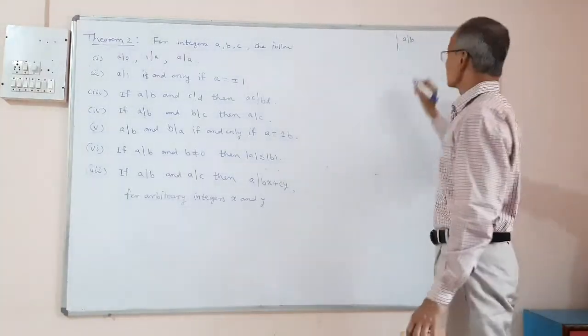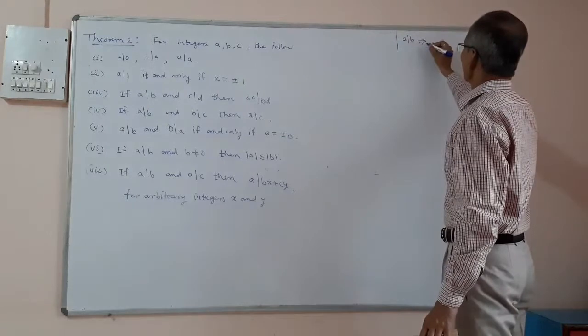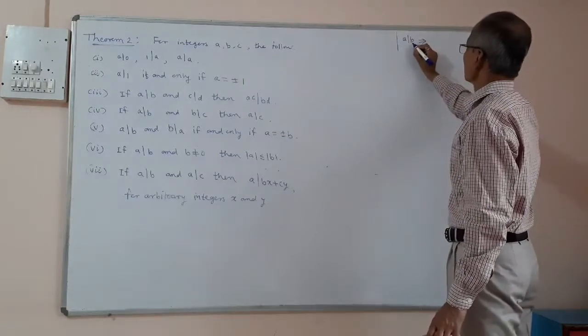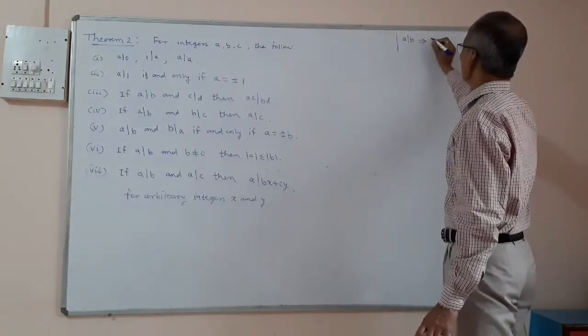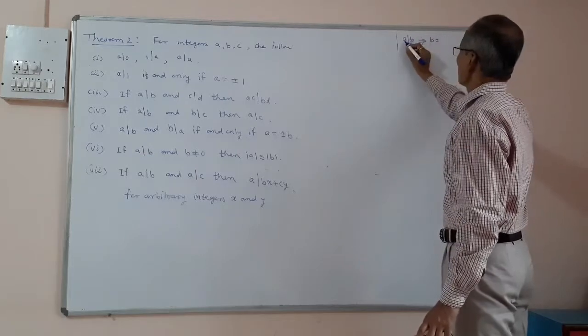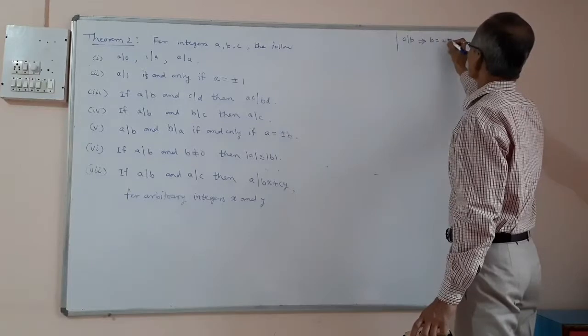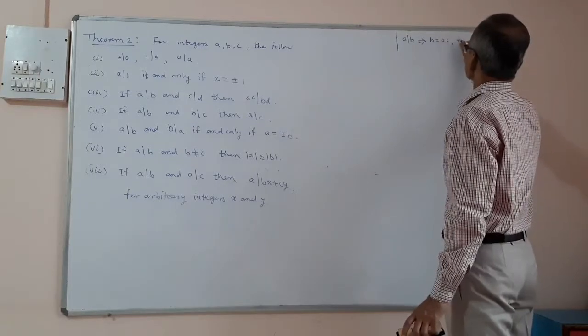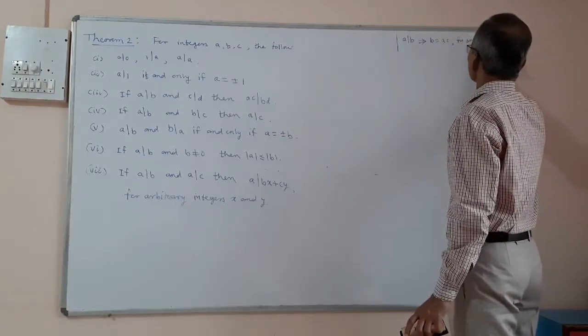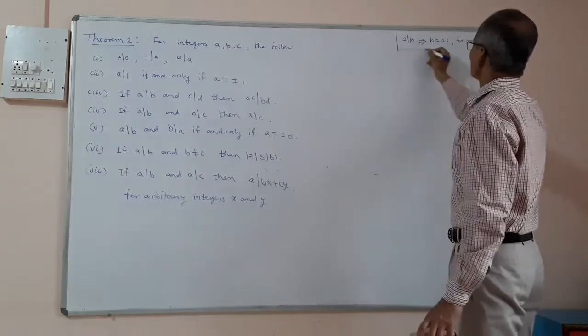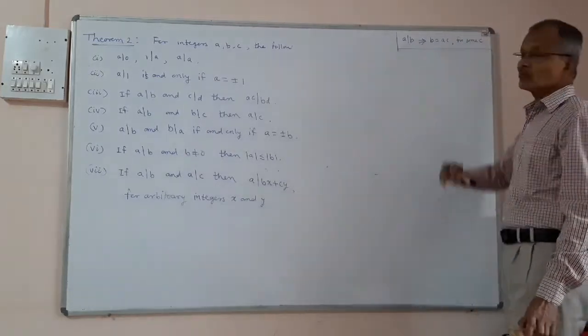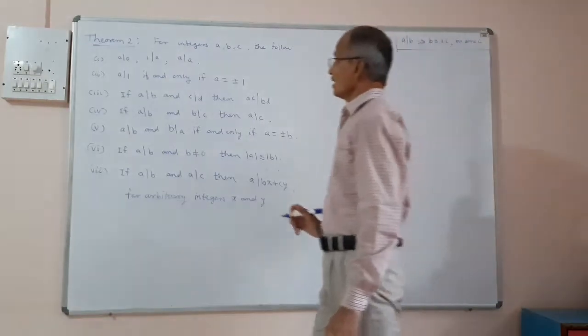So this implies there exists an integer c such that this right side integer b is written as a multiple of a into c for some c. So this is the definition. b is equal to a into c.